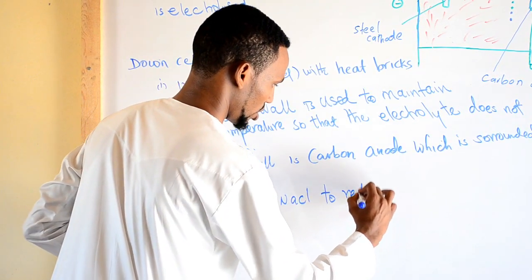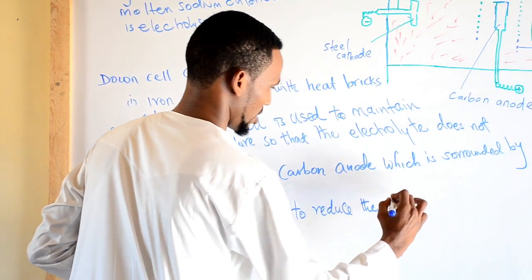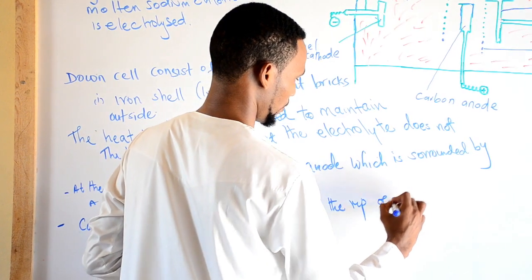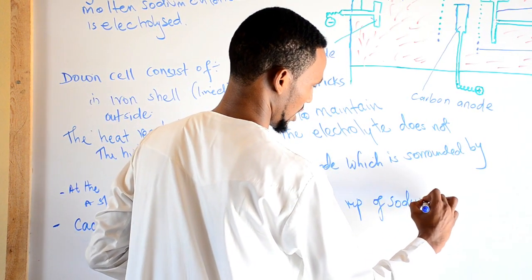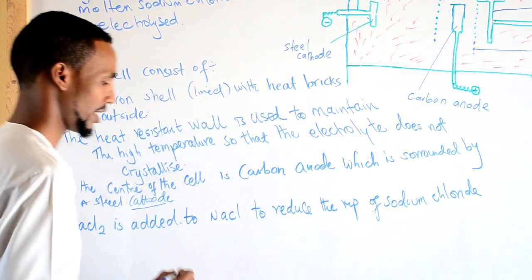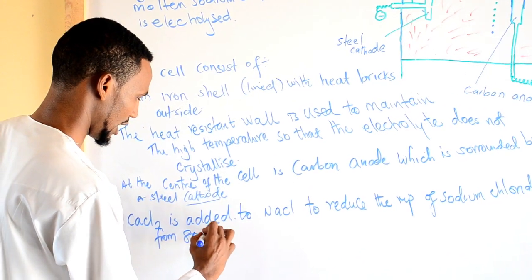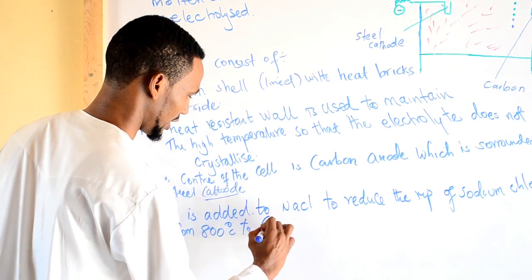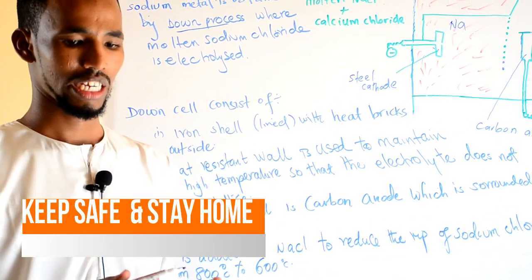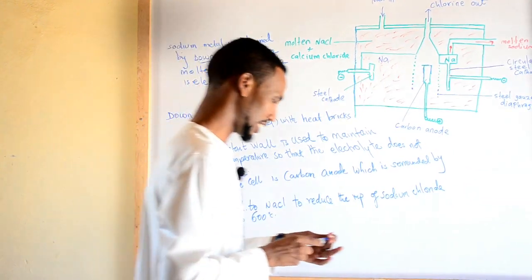To reduce the melting point of sodium chloride from 800 degrees Celsius to 600 degrees Celsius.